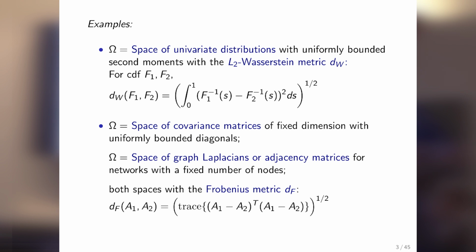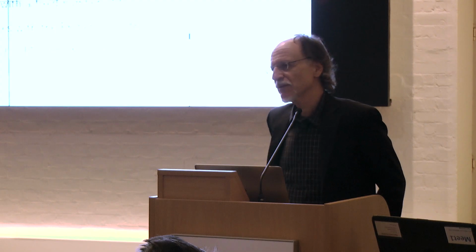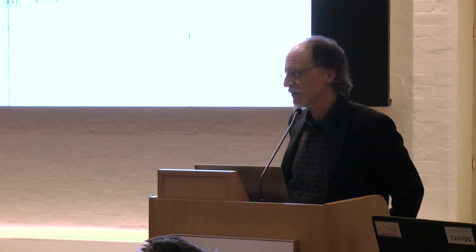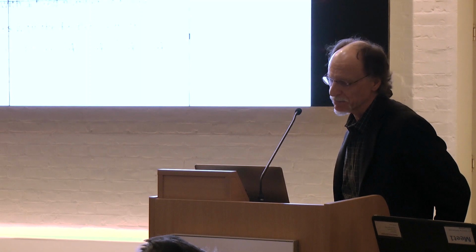A very promising method is the Wasserstein metric. In the one-dimensional case, this is very easy to define. We can take the Wasserstein metric between two random distributions as the L2 distance between the quantile functions. This has been a concept which is both theoretically and practically very useful.